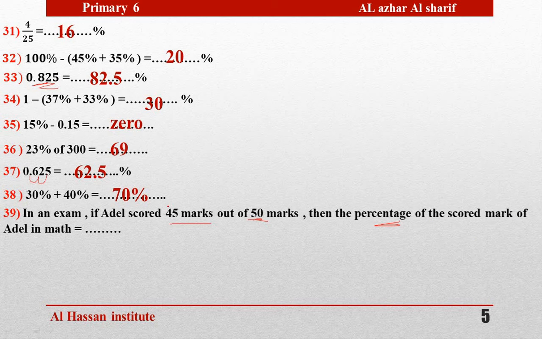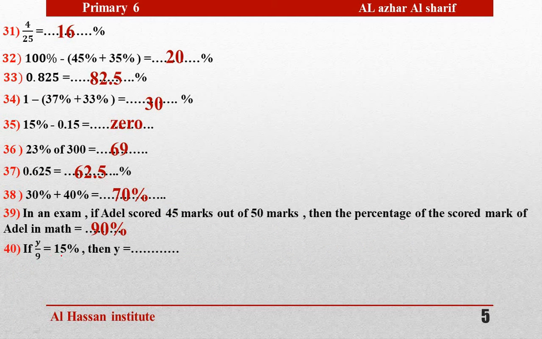So, to find the percentage, we divide 45 by 50 and times by 100%. So, 45 over 50 times 100%. 100 divided 50 equals 2. 45 times 2 equals 90, and put the percent sign, 90%. Okay?